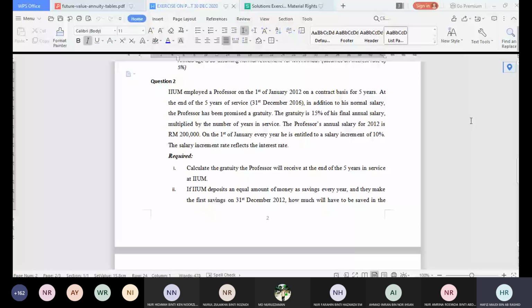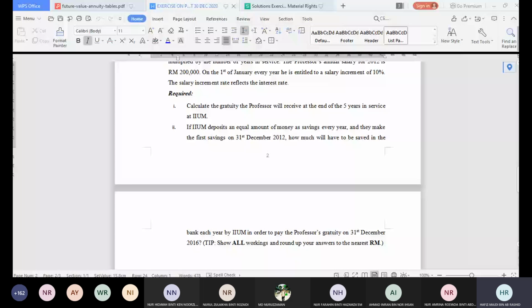One thing which is slightly different is this. IIUM, the employer, would like to ensure that upon the professor's retirement it is able to pay, assuming that the employer deposits an equal amount of money as savings every year, with the first saving made at the end of the first year, which is 31st December 2012.